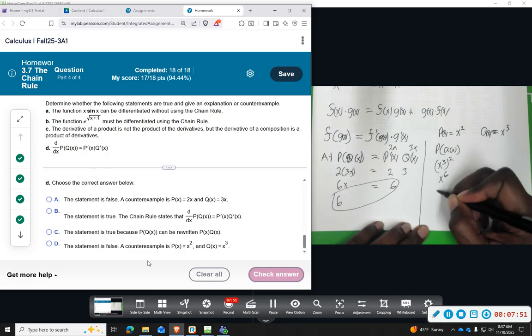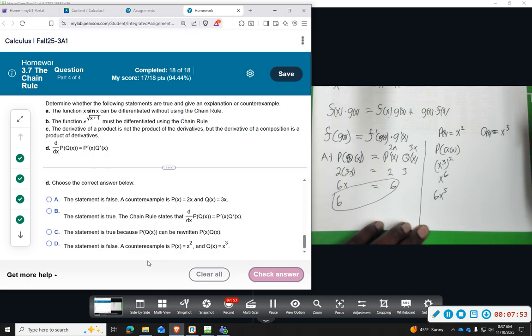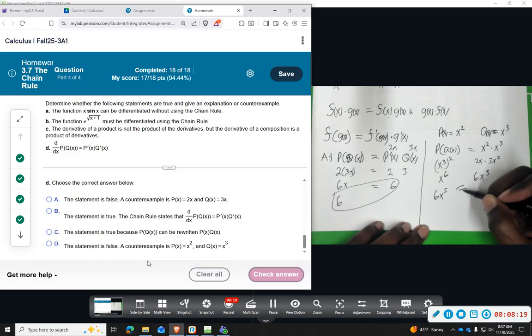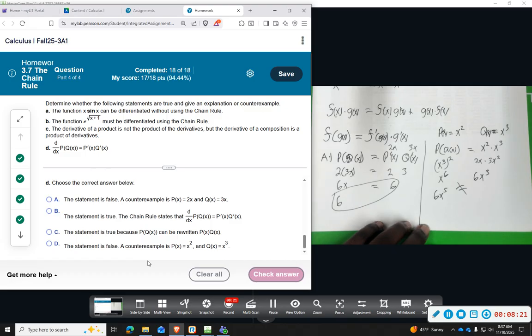Derivative of x to the 6th will give us 6x to the 5th. Now if we multiply the two, we have x squared and x to the third. The derivative of P of x would be 2x. The derivative of x to the third would be 3x squared. If you multiply these two, 2 times 3 gives us 6, x to the third. And we can see that these two are not equal. So D is the one that gives the counterexample.